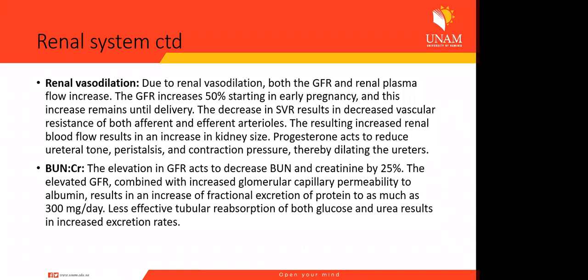So because there is reduced tubular reabsorption of blood glucose and urea, you can expect that the loss of these solutes through the kidneys will also increase because of less effective tubular reabsorption.